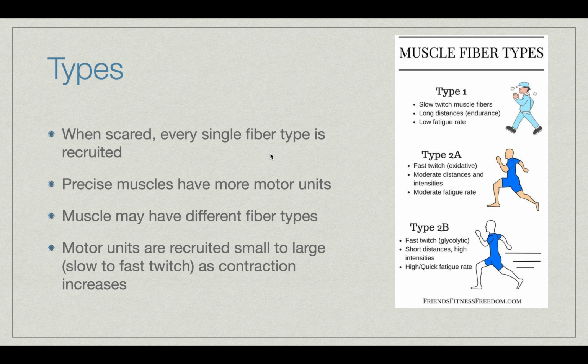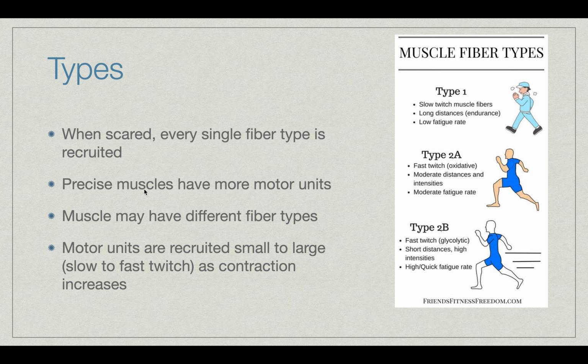So when you're scared, every single muscle fiber in the muscle is recruited, type 1, type 2A, and type 2B. That's of course to produce the most amount of energy possible to either respond to the stimuli, whether you are going to be running away or standing to fight.